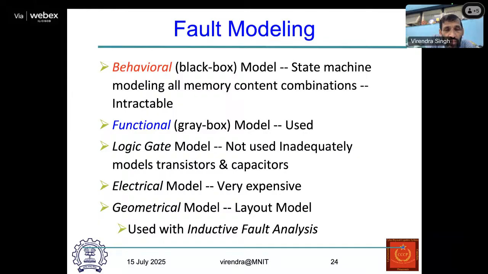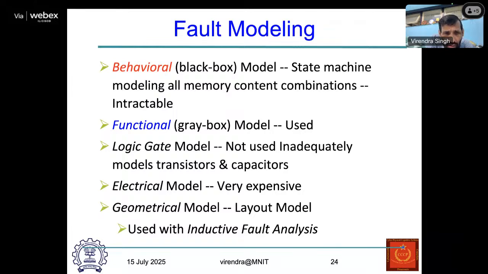That we call the gray box model, because we know something about the memory inside, how this is constructed, and how the cells are placed with each other. And this model is mostly used in all the memory level testing.